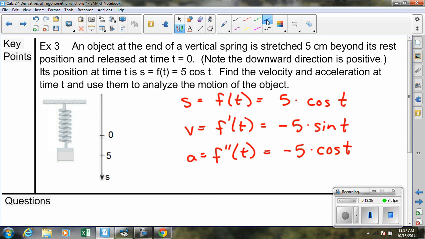So since sine has to oscillate back and forth between negative 1 and positive 1, it tells us that this piece is going to bounce back and forth between negative 5 and negative 5 times positive 1, so 5 or negative 5. Our velocity is oscillating back and forth between a speed of 5 and a speed of negative 5 centimeters per second.